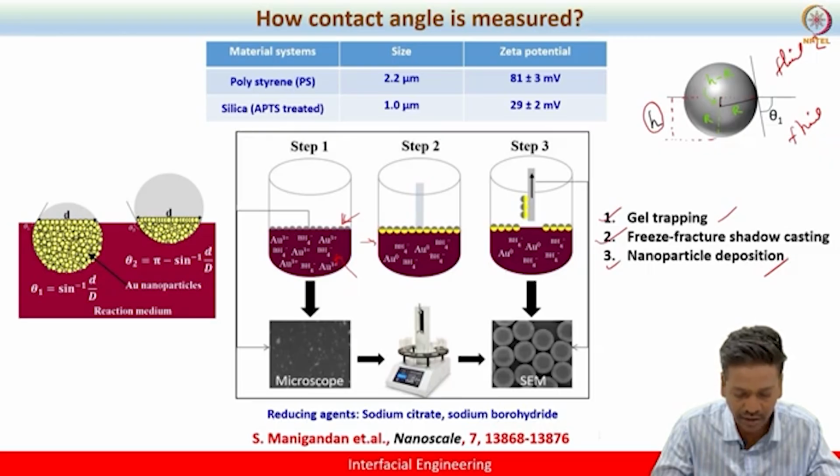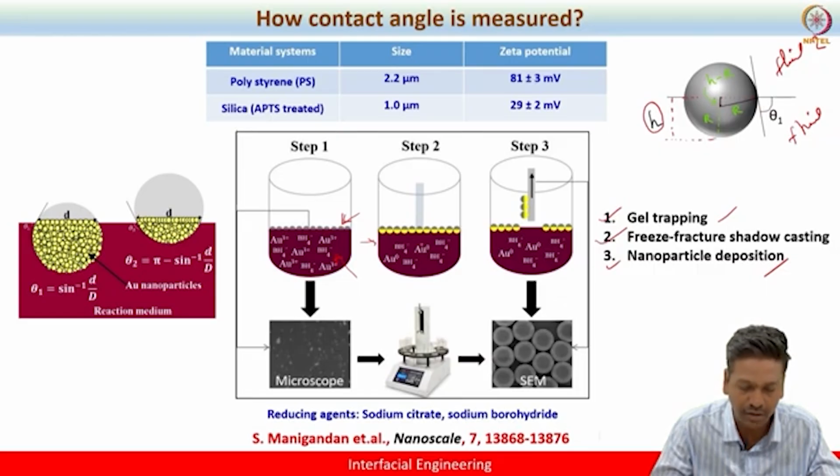This is done by the wet chemical method, wherein we use the gold precursor, which is chloroauric acid, and we also use a reducing agent, which is sodium borohydride. The principle goes like this.